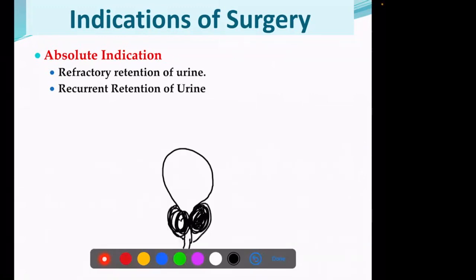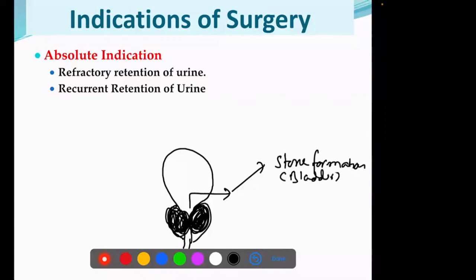If BPH is obstructing the bladder, then it may lead to a lot of complications like stone formation. Obviously bladder stone, or recurrent UTI. If the patient has a history of UTI several times due to BPH, that is an indication for surgery.